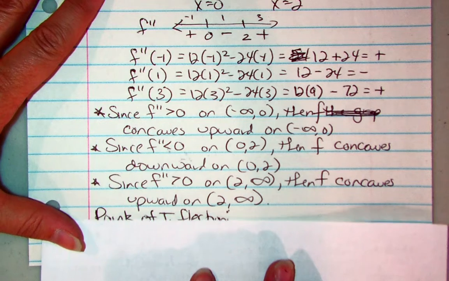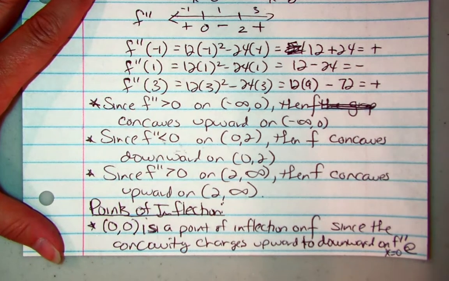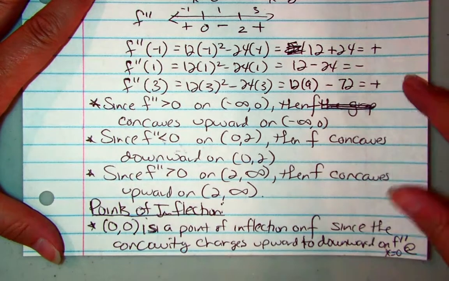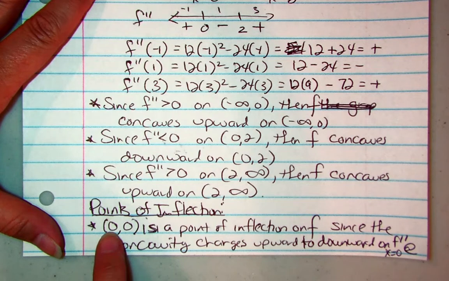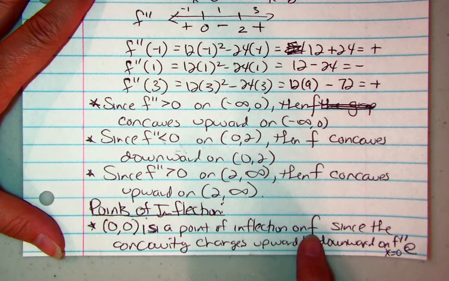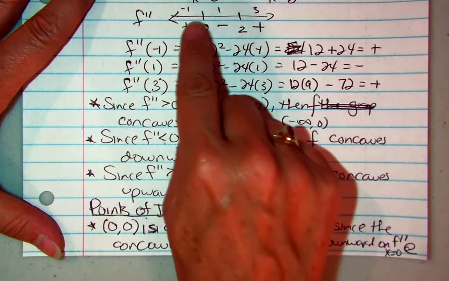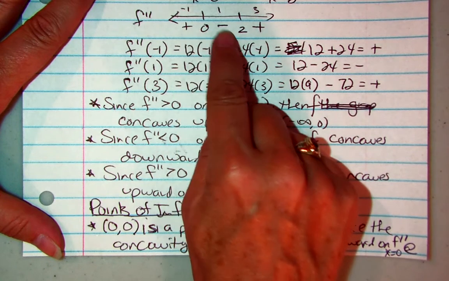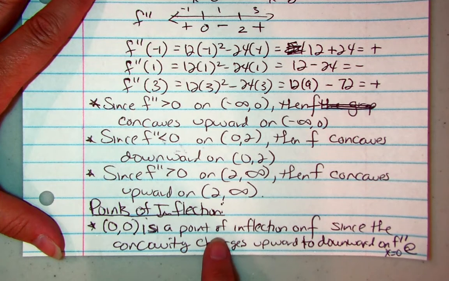Now let's talk about those points of inflection. Here's the first one. It says 0, 0, and all I did was put this 0 into the original function, and it spit out a 0. So 0, 0 is a point of inflection on f, since the concavity changes from upward to downward on f double prime at x equals 0.